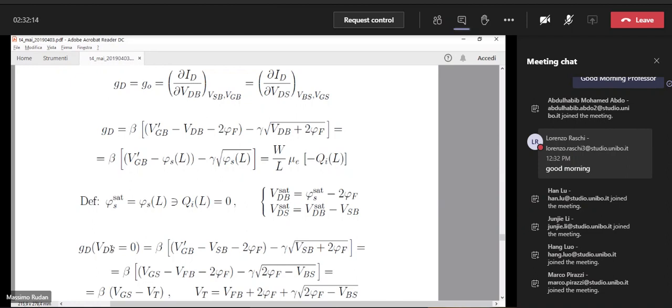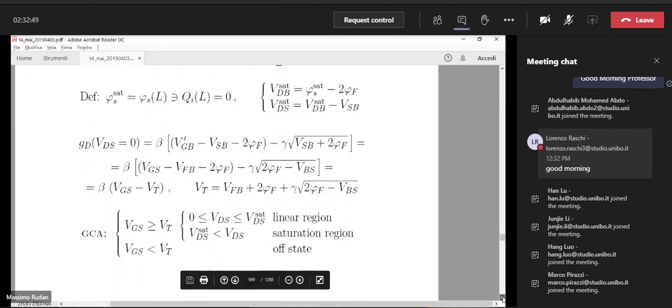Okay, so we simply impose that in this expression, if VDS goes to 0, that means that the difference in voltage between drain and source is 0. That means that the drain voltage with respect to the bulk becomes equal to the source voltage with respect to the bulk. So we simply replace VDB here and there with VSB.